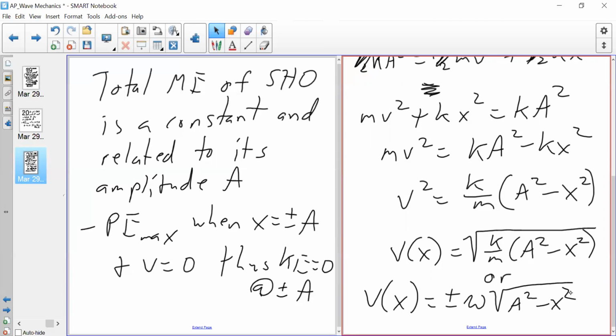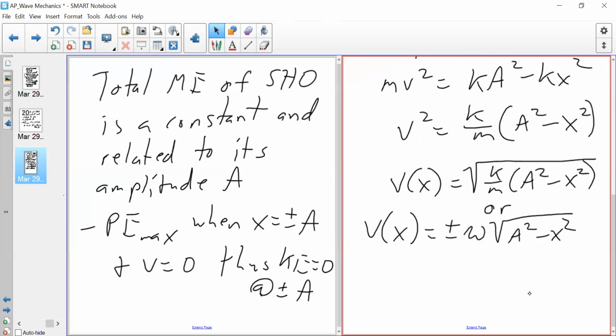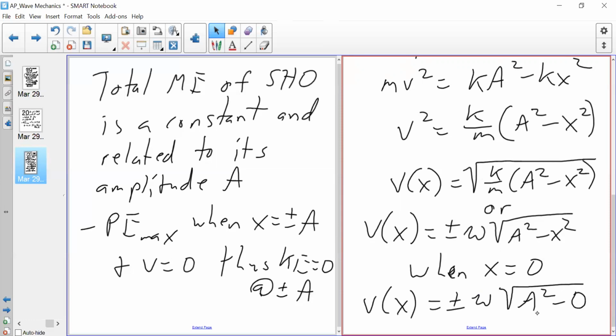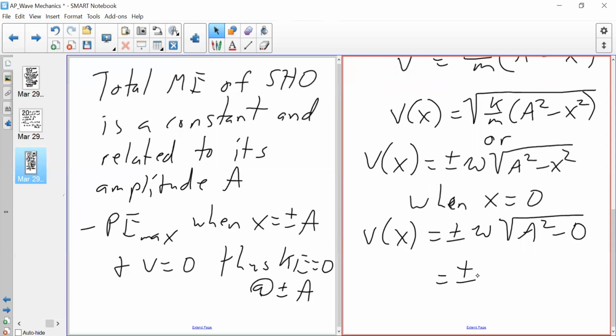Obviously, when x is equal to 0, you have a maximum velocity, which we've been talking about: plus or minus omega A. That's your v max.